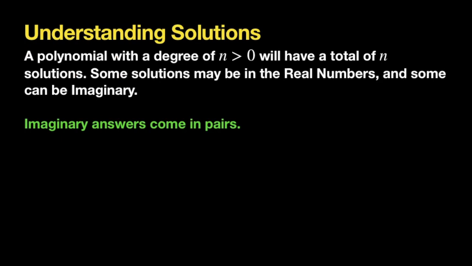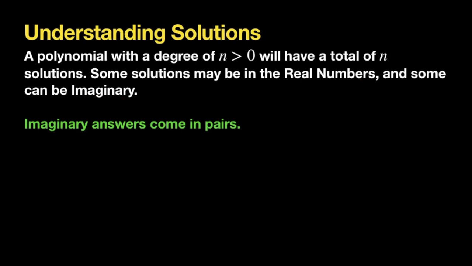One thing that you need to make sure that you understand are the solutions. The solutions are going to play a key role in this lesson. A polynomial, again, with the nth degree, is going to have a total of n solutions. That is using all the theorems that we have covered. Now, some of the solutions may be real numbers, and some of the solutions can be imaginary numbers.